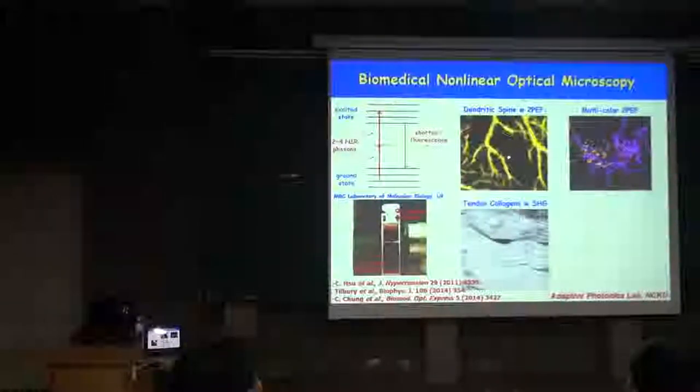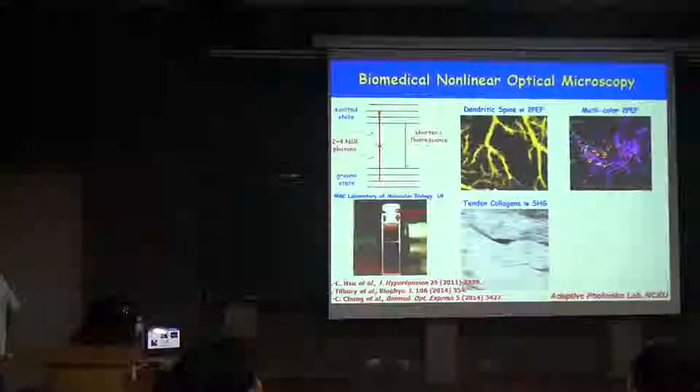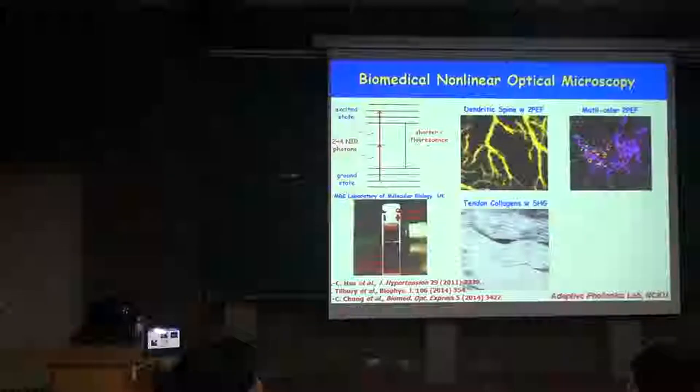So you can look at the dendrite and the spine. The spine size is around 500 nanometers. You not just get the fluorescence signal, you can also get the second harmonic, like the chicken tendon, the collagen. So you can see the collagen image.